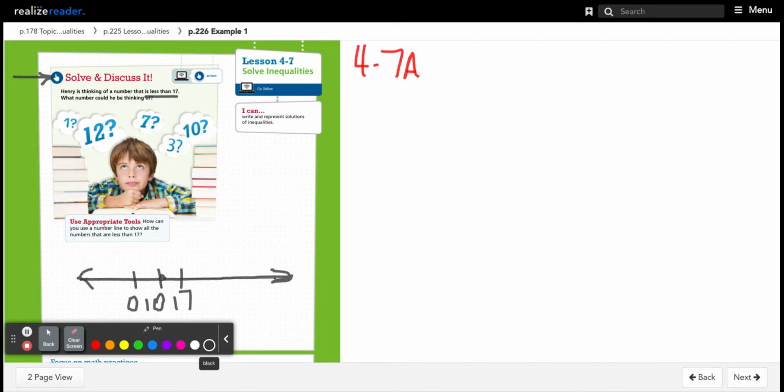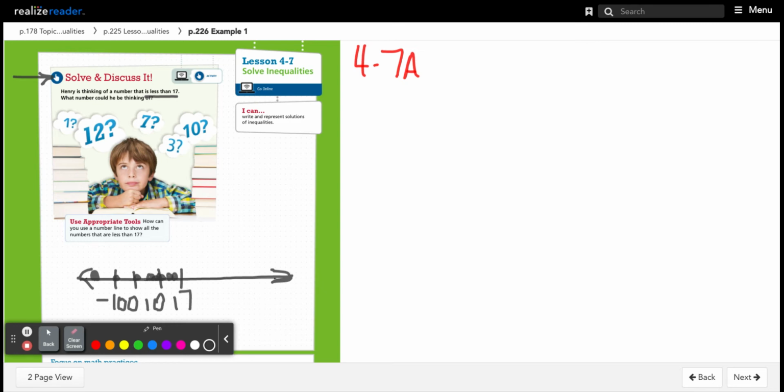So 10, 0. I can graph negative 10. I could make a point all the way down here at negative 200. I could make a point in between all of these whole numbers, right? I can make a dot at every single point on this number line for a value that is less than 17.